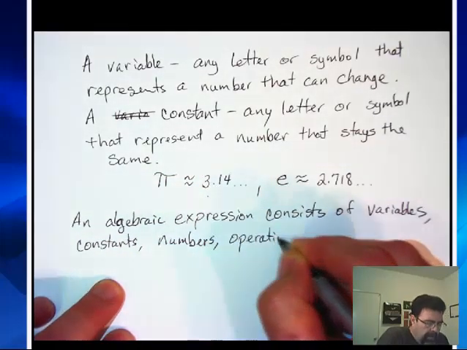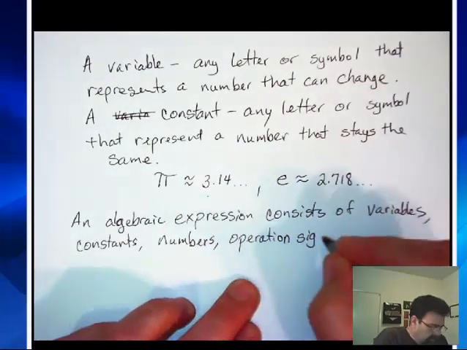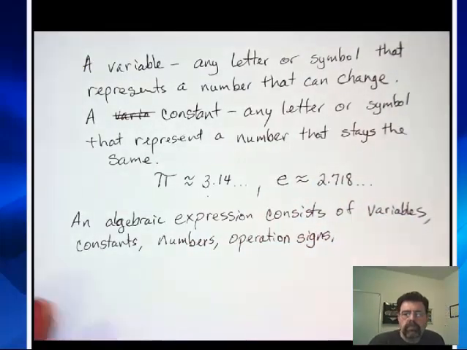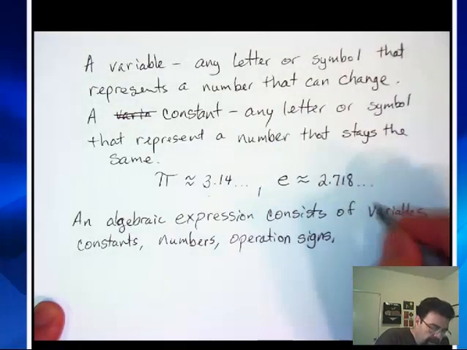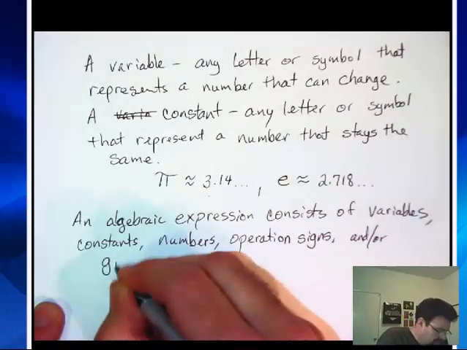So those are like add, subtract, multiply, divide. Those are the four basic math operation signs. Of course, we have others. So an algebraic expression consists of variables, constants, numbers, operation signs, and/or grouping symbols.